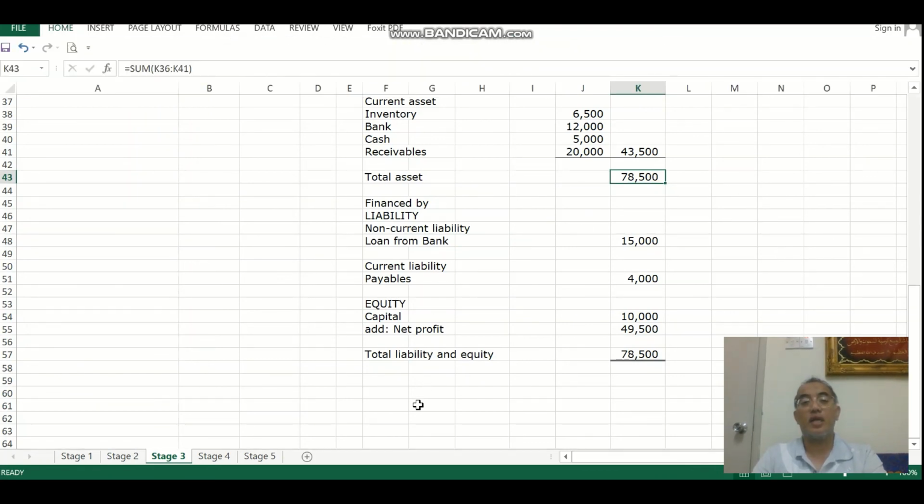We have asset equals to liability plus equity. So that is the formula. So the formula for financial position is asset should be equal to L plus E, the liability plus equity. So you have the same figure, 70,500, both sides.